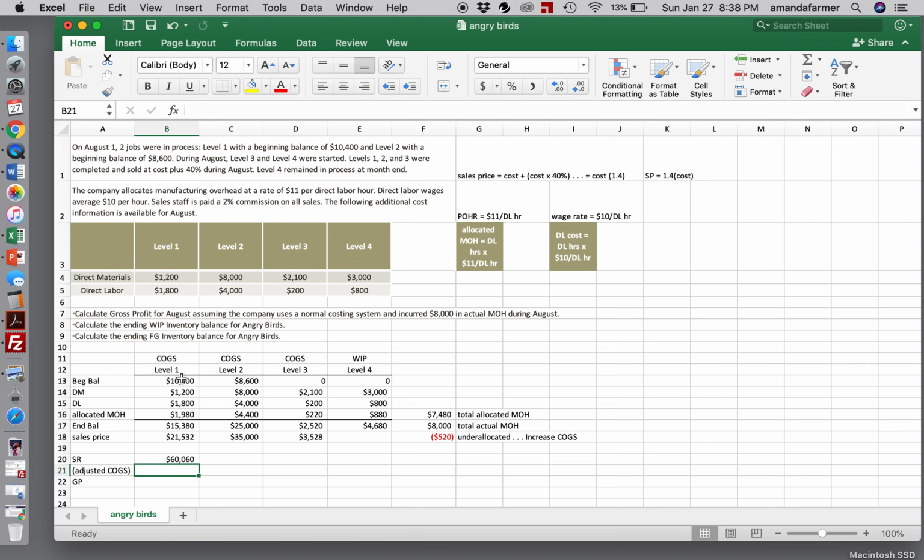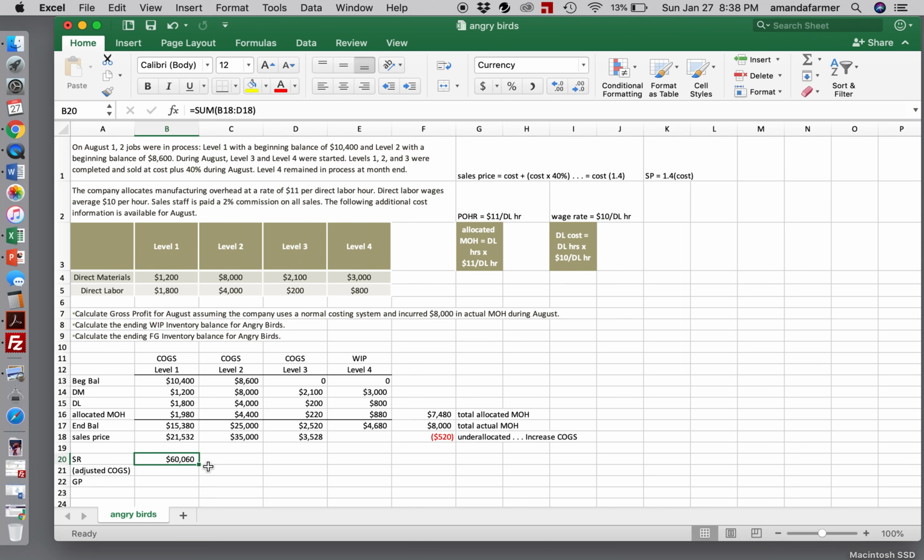So again, it gets back to the fact that if I mess up my budgeted MOH and that affects my POHR, and it's a drastic mess up, then that is obviously going to affect what you end up charging for your products. Now, in this case, what essentially is happening is the customer's winning, so to speak. They're benefiting from this because the costs are lower than they should be.